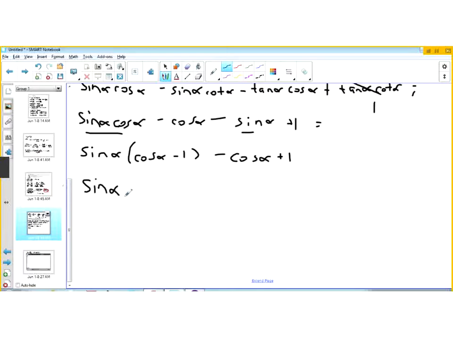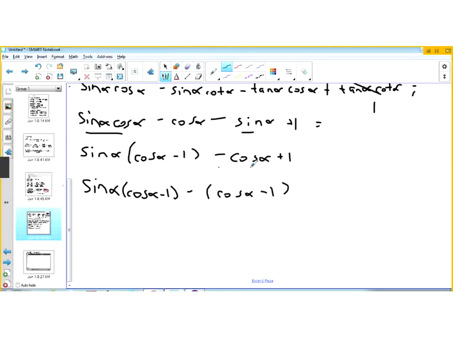So we'll have sine alpha times cosine alpha minus 1 plus... let's see, before we do that, why don't we make it a minus, so the factors will have the same sign. So this would be minus cosine alpha minus 1.